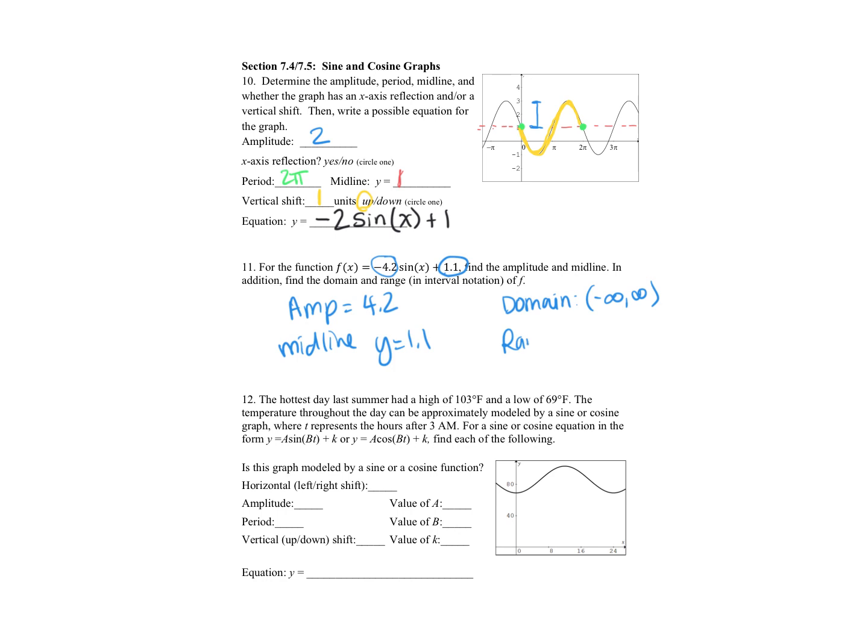And for the range, I want to find the highest y value and the lowest y value. So I'm going to draw this out. I know that it shifts up by 1.1, and then from that 1.1, it's going to go up an additional 4.2. So 1.1 plus 4.2.